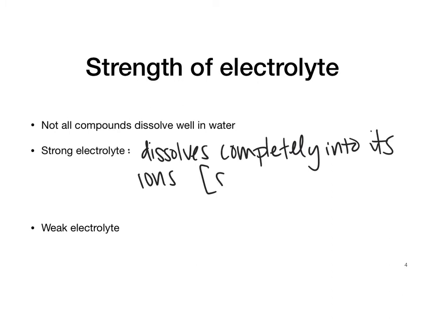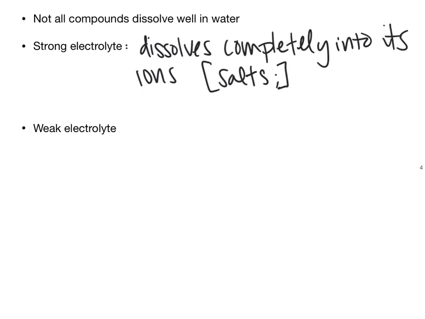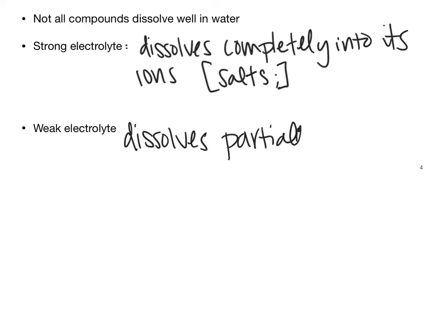So these are salts. These are other types of components. A weak electrolyte dissolves partially into its ions.